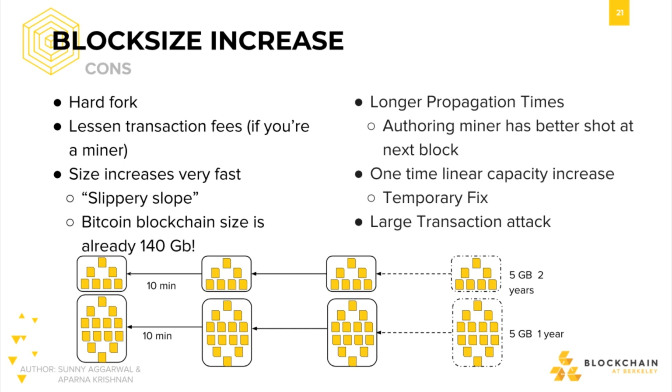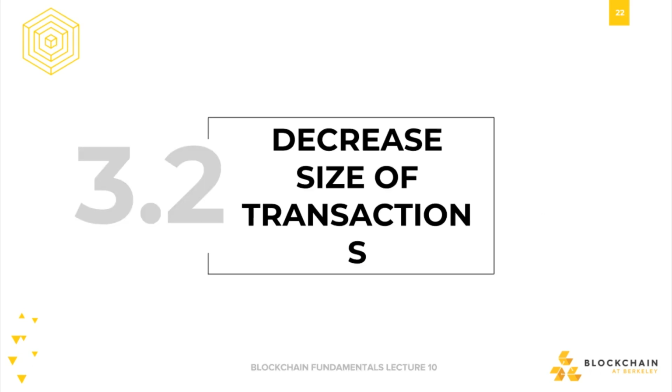So now every other miner who had to work on top of his block had to first verify the transaction, and that takes like 30 seconds or 40 seconds, by which time he has this added advantage of working on the next block, which you don't really want in a proof of work system. Also, as I said, it's just a temporary fix. You need a better way to reach Visa scale.